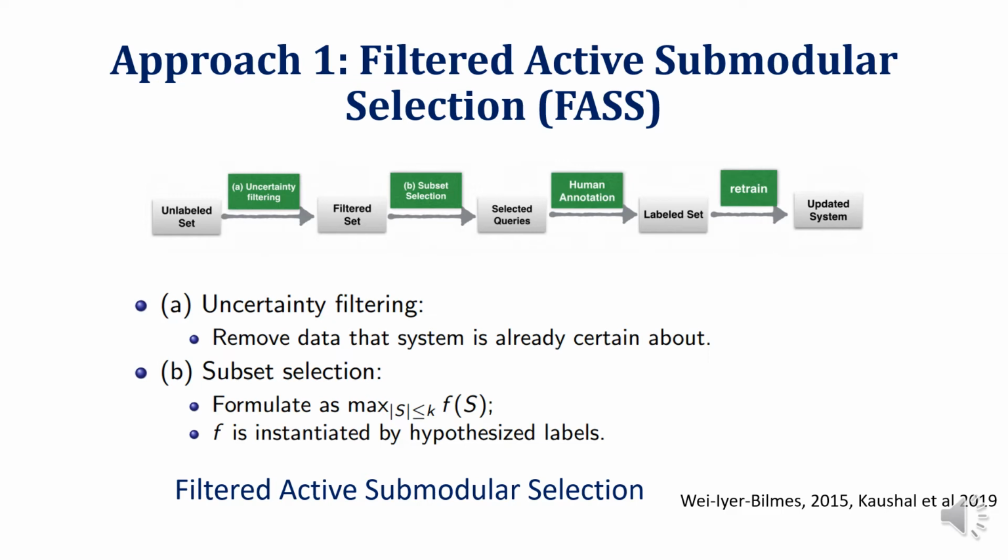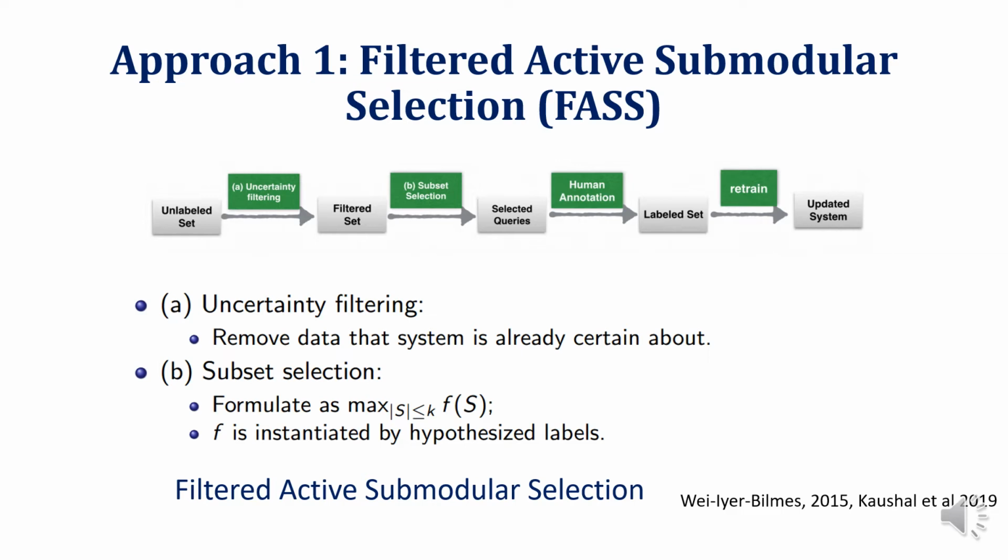So here's the first step, filtered active submodular selection. As expected, the first step would be uncertainty filtering: remove data that the system is already certain about, and as I've said before, this is what we refer to as the warm start setting. The system's certainty about instances can be assumed to be correct, and thereafter we have subset selection on the examples to be labeled.